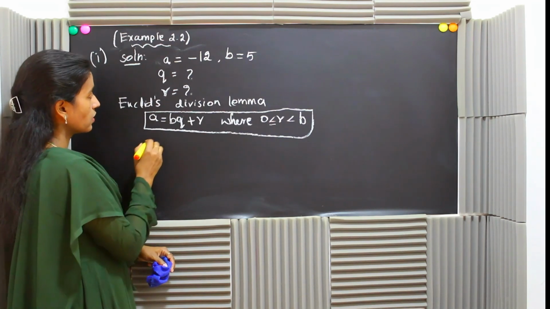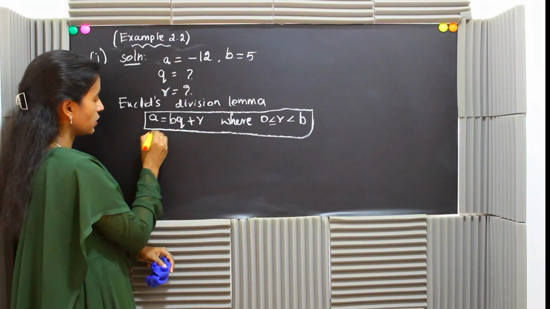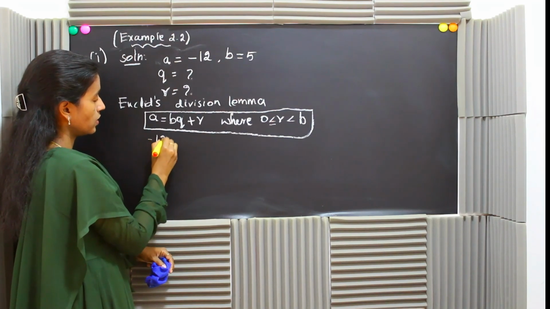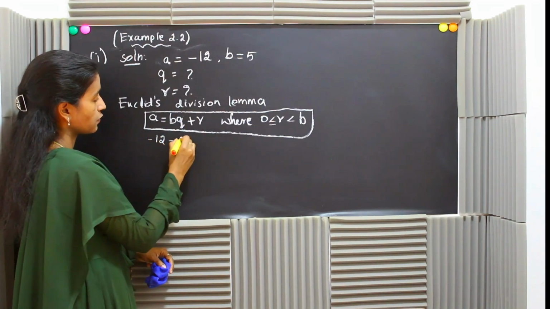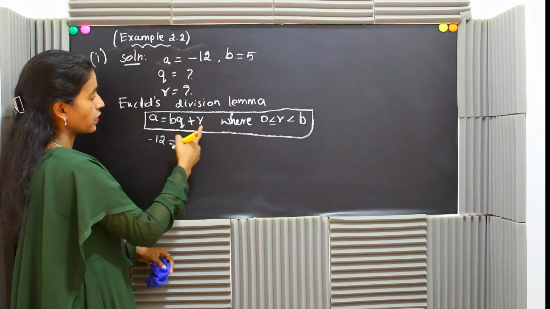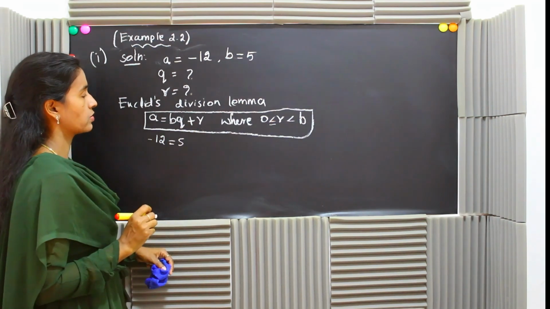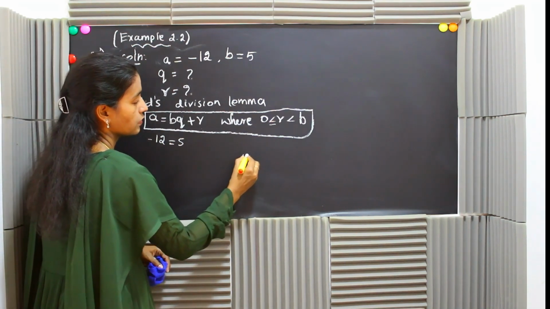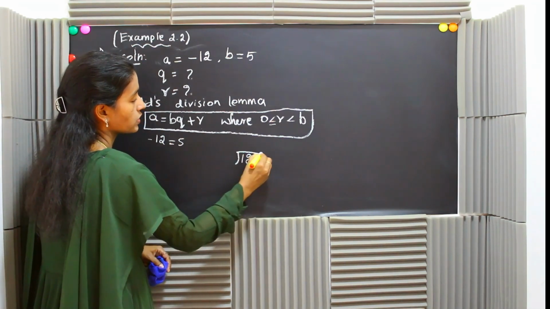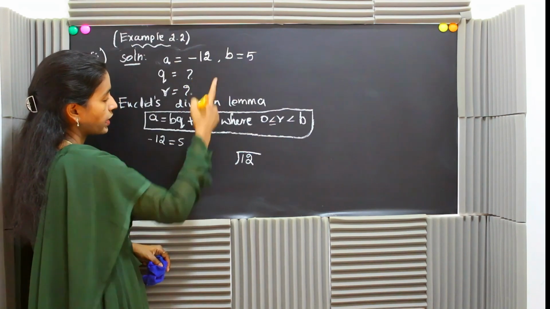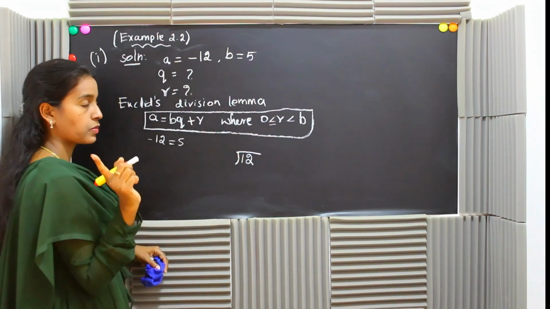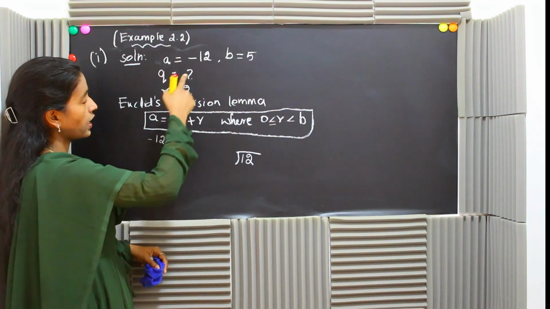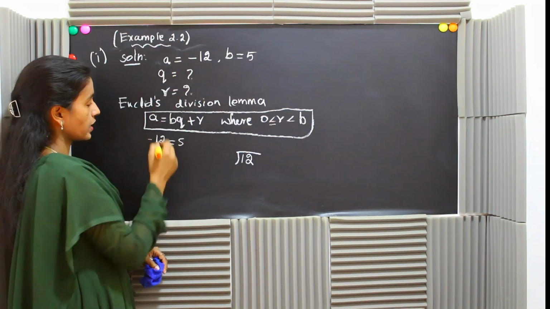Now I am applying the values. A is minus 12, B is 5. We need to find out Q and R here. So for that, I want to divide 12 by 5, minus 12, remember minus 12. We have A as minus 12.